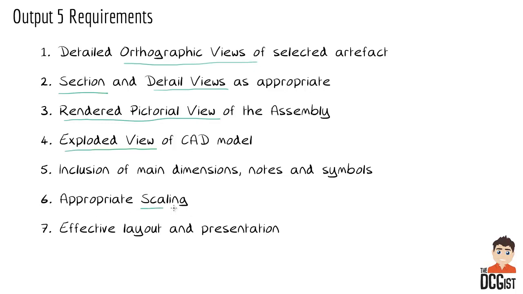That's just about making sure that our views are the right size and that one doesn't look absolutely huge compared to another one, but also that you lay them out well enough that you can see all the aspects of your model that you want to show in the space that you have provided, which is 2 A3 sheets. Then the final thing is effective layout and presentation. So again, like in the other requirements, we have to make sure that we lay out our views well, and we want to make sure that we present it as well as we possibly can.